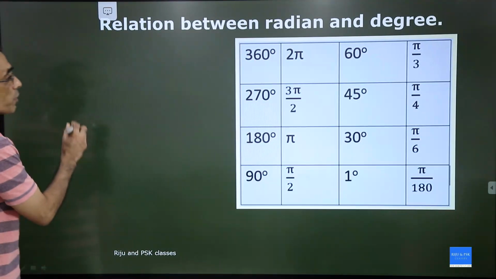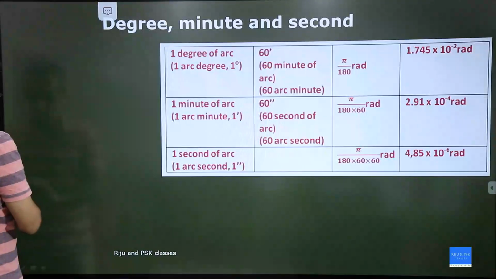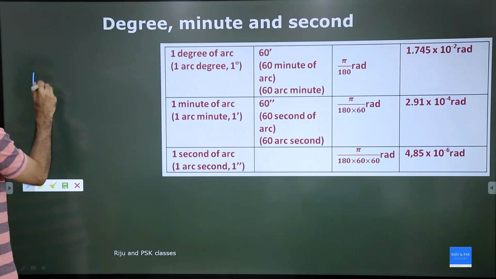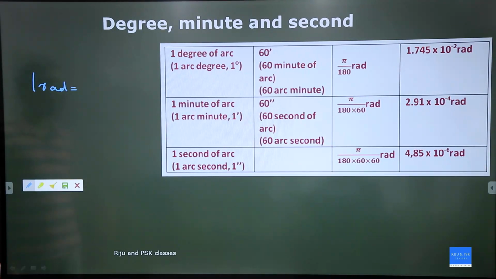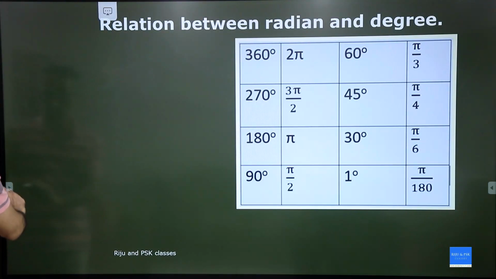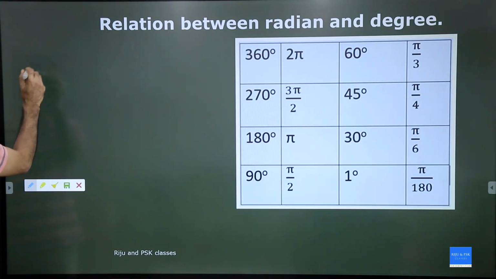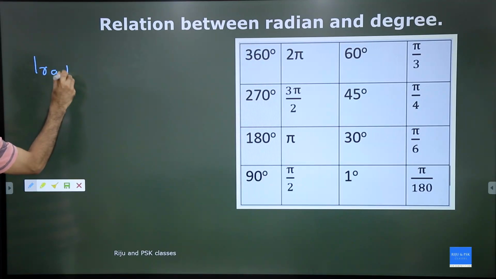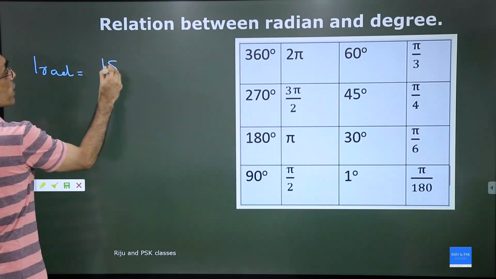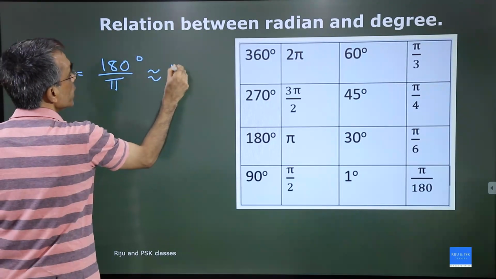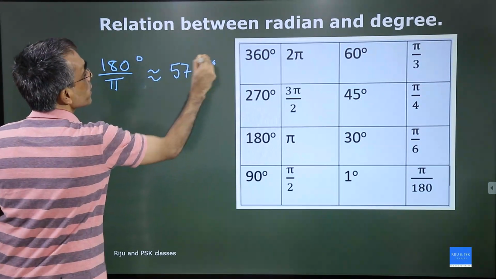So two relations are now important. Which are they? One is 1 radian. We told you 1 radian is 180 by pi degree, approximately 57.3 degree.